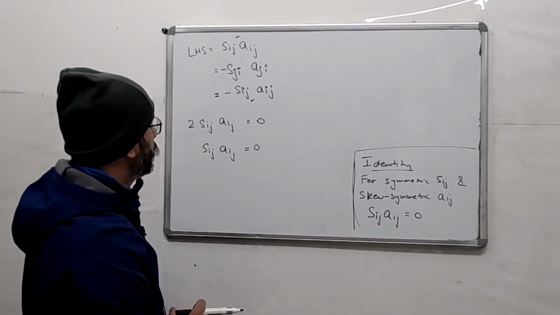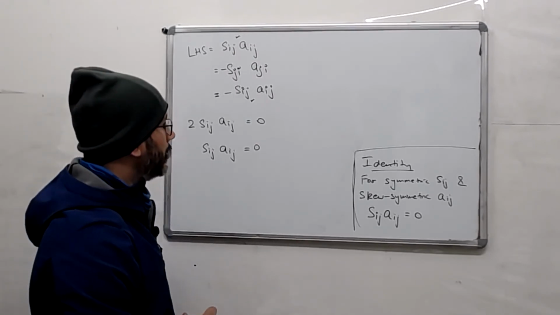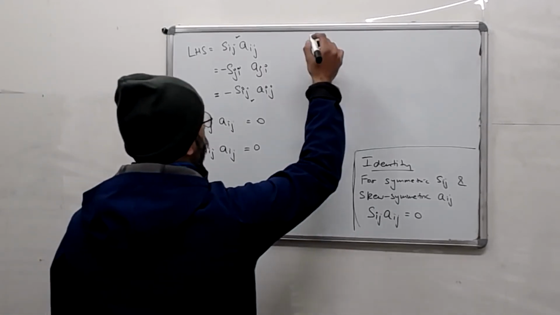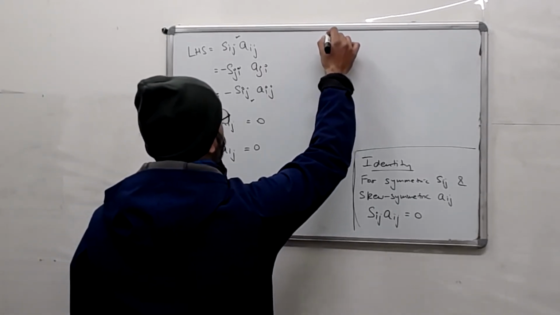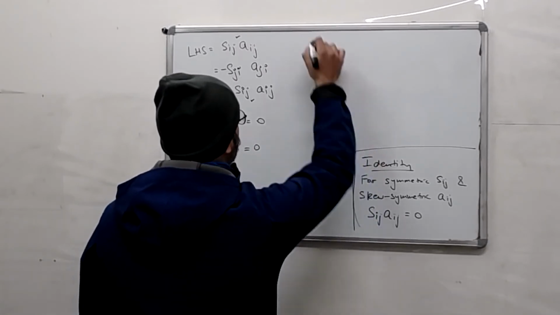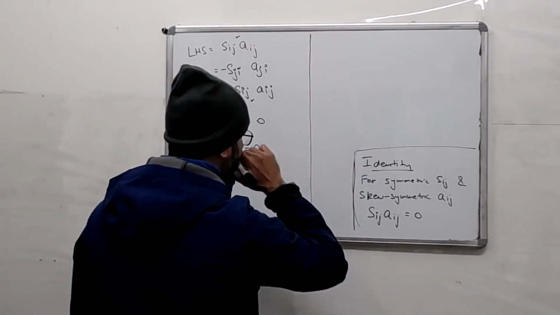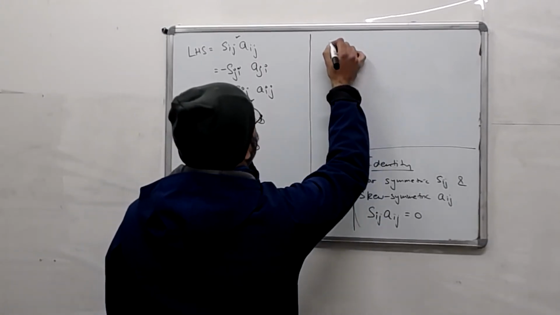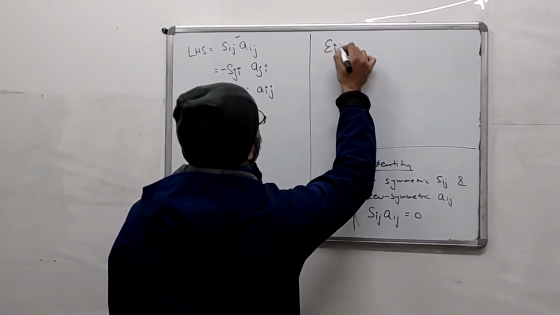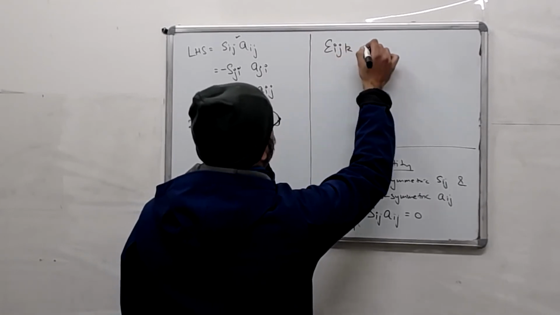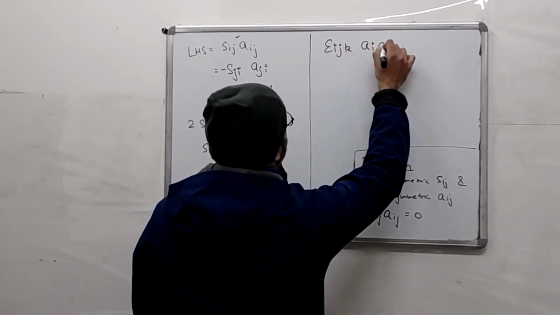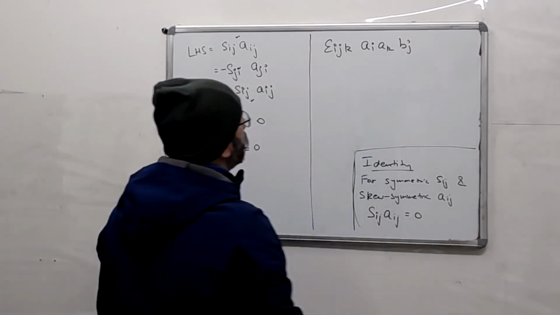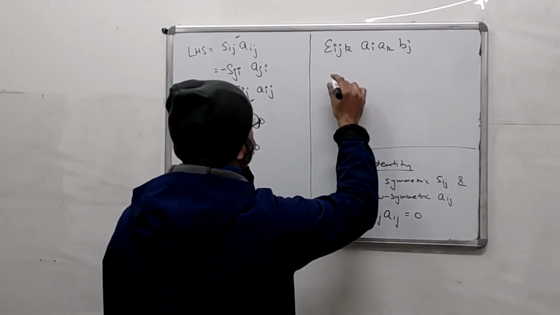Same idea we used in the previous problem to show that epsilon times... If you want, I can actually show that. Some people have problems using the identity when you have dyads. So in the previous problem we had something like epsilon_ijk a_i a_k and then we had b_j.